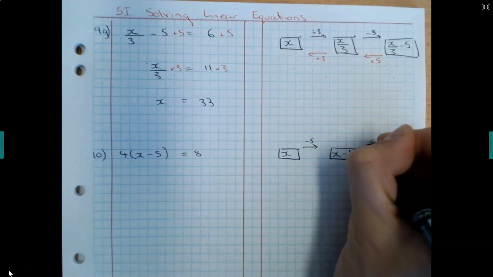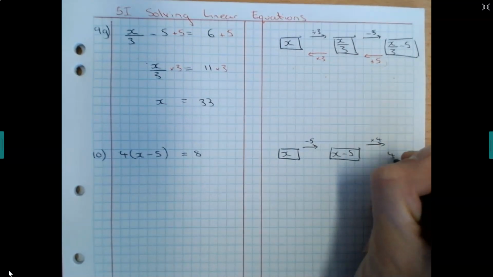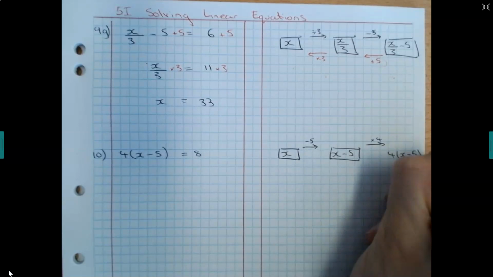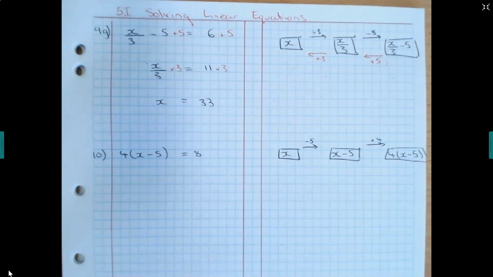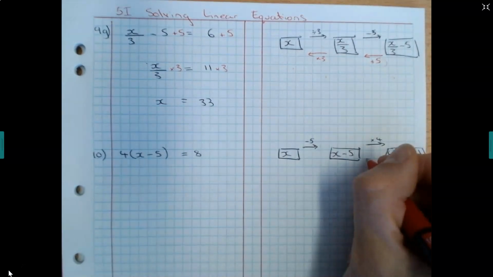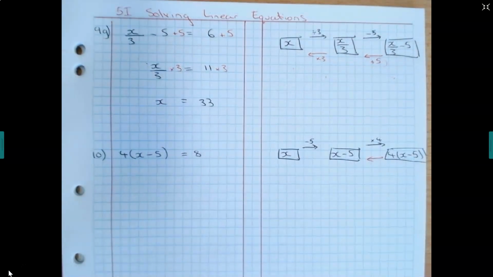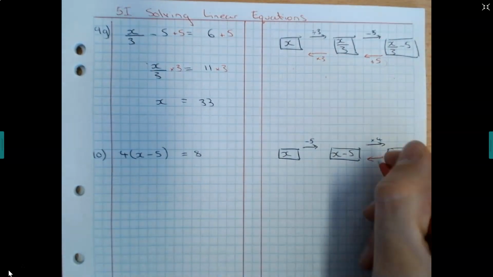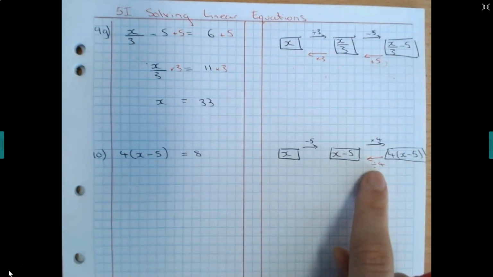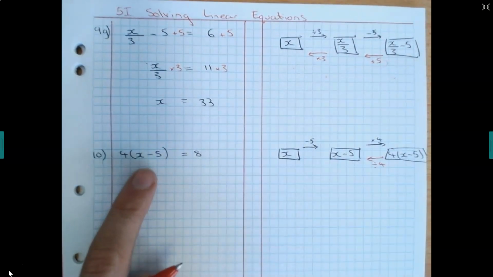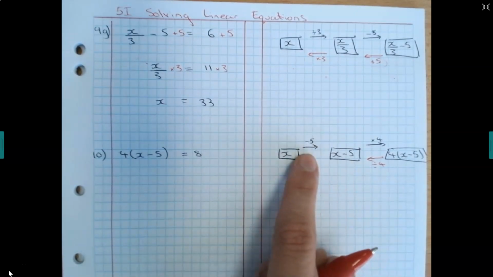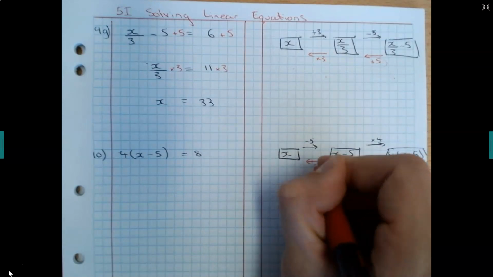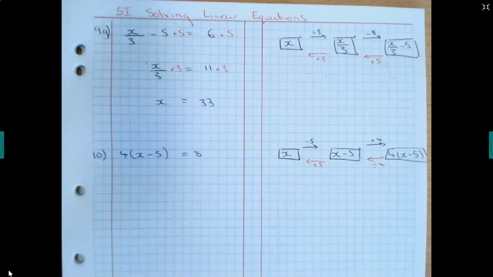So then times 4, so I have 4 by x minus 5. Now, backtracking, we do the inverse process. So since on the way up we were multiplying by 4, now we divide by 4. Remember, that will always tell us the first thing that we have to do here. And here, rather than subtracting 5, now we're going to be adding 5, the inverse process.